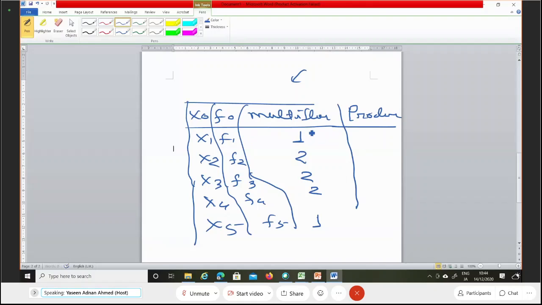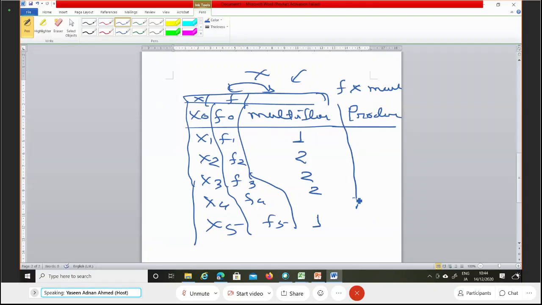Okay, so product means in this case, which one? f multiplied by multiplier. So in this case, you can use the headings: the value of x and then f, then you have multiplier. So this is the value of all x and this is the value of the function. So this product is actually this multiplied by this.